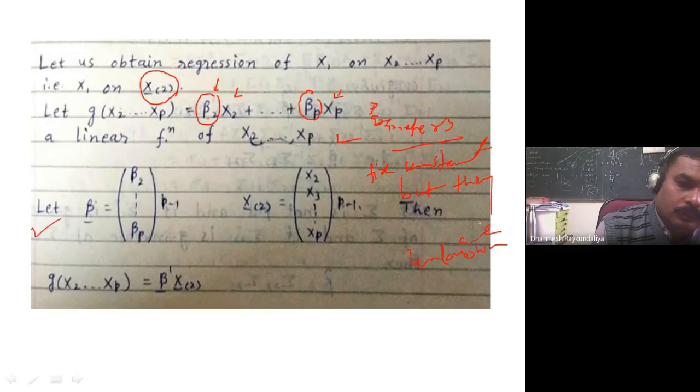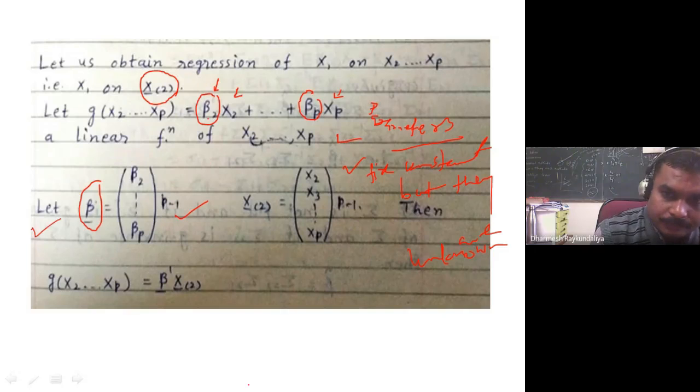So to identify the regression, as I said, we wish to know the best value of g of x2 up to xp, and we already said that g of x2 up to xp is nothing but expectation of x1 given x2 up to xp. So here, if we write this beta in this notation, beta 2 to beta p, beta is nothing but a column vector having p minus 1 elements, and x2 is a vector of the p minus 1 variables x2 up to xp.